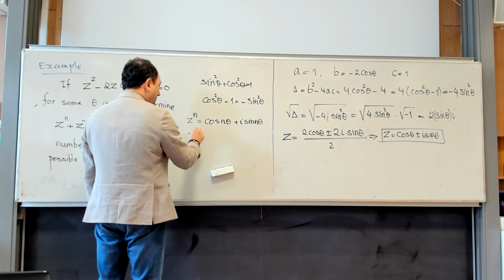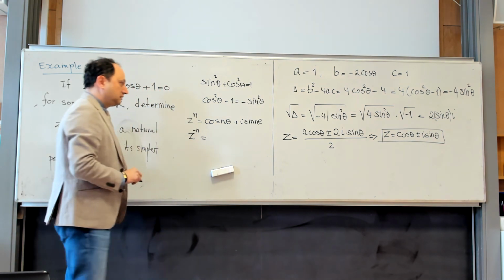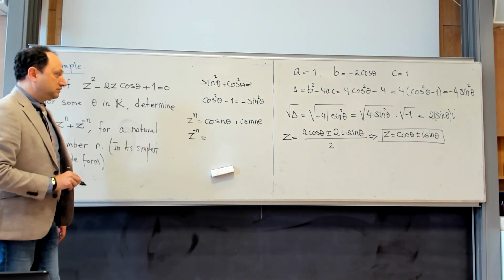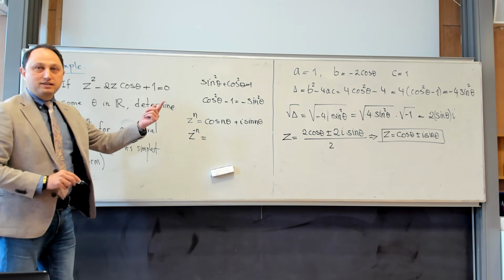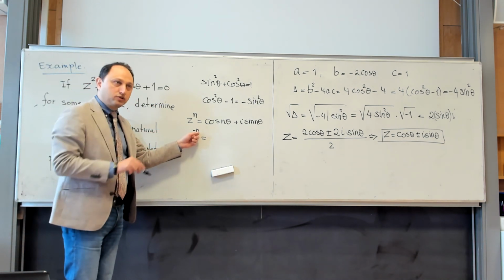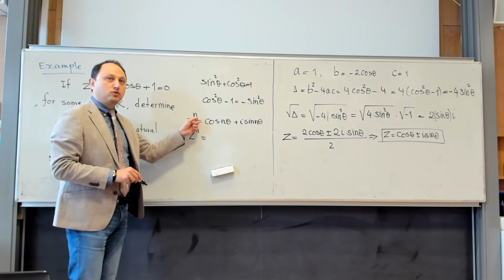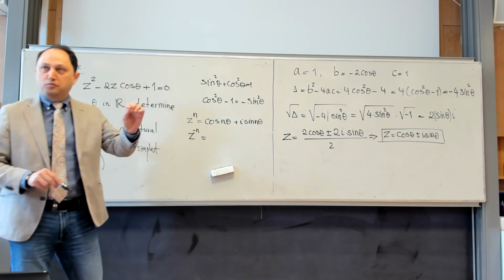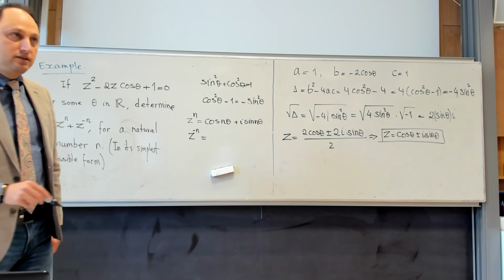And what is Z to power minus n? Minus cosine n theta. No. I need to multiply by minus n. Do you remember I told you that for negative integers that formula is also correct? So De Moivre's formula is not only correct for positive natural numbers, but it is also correct for negative integers.